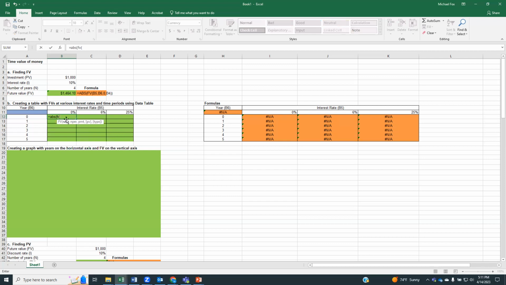And then for rate, I'm going to click the 0. For the number of periods, I'm going to choose, in this case, 0. The present value is, oh, wait a minute.